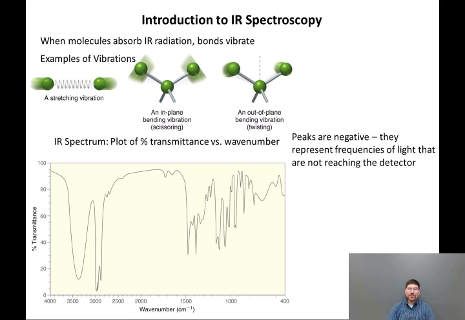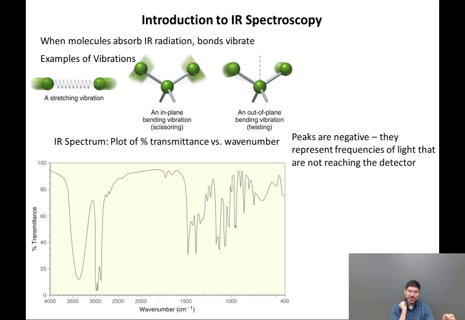So when you do an IR experiment, the output that you get is called an IR spectrum, and it is a plot of percent transmittance versus wave number. Okay, so we'll talk about what both of these concepts are. So in any spectrometer, you have the source of the radiation, you have the sample, and you have the detector.